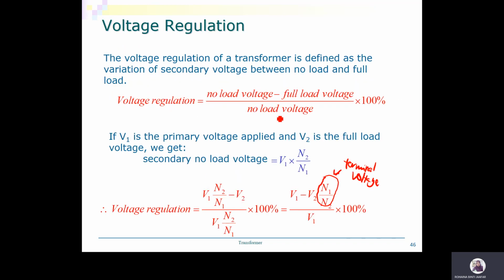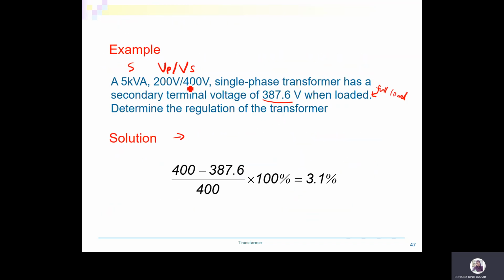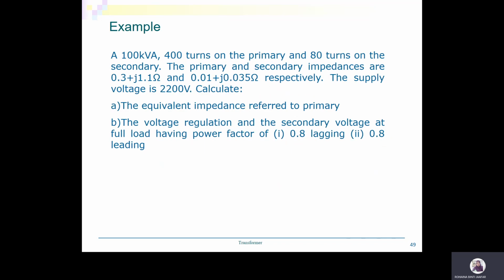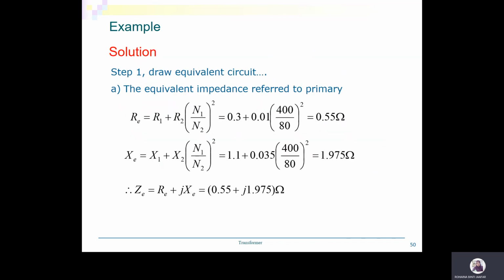Then over the no load voltage, which is your 400, times 100%, you will get 3.1%. So for voltage regulation, you can read this by yourself, no need to remember the formula. I will skip this example.